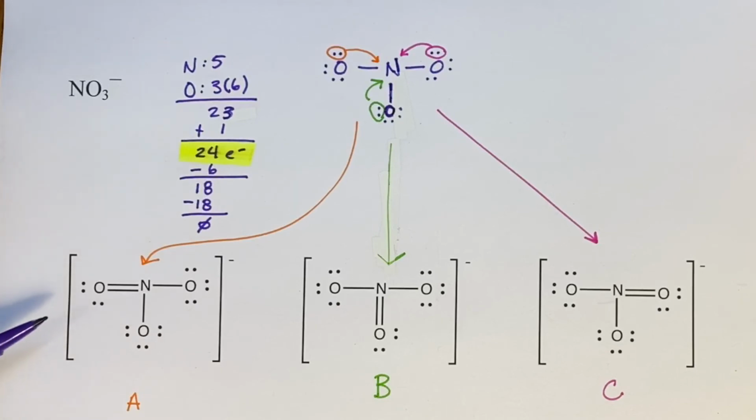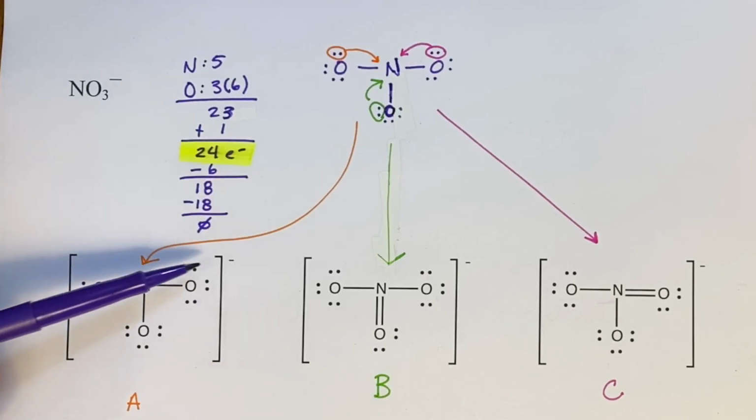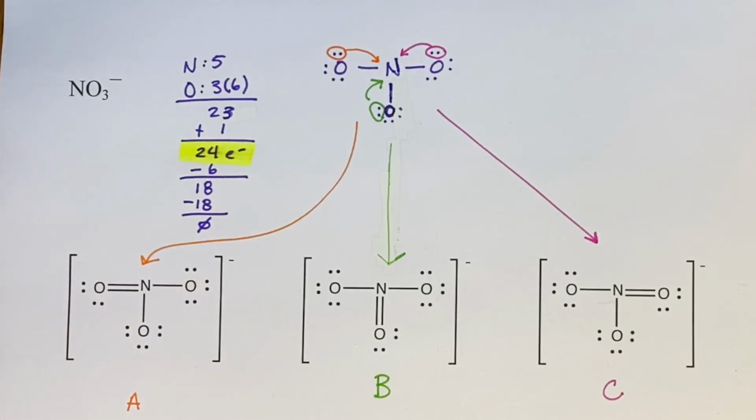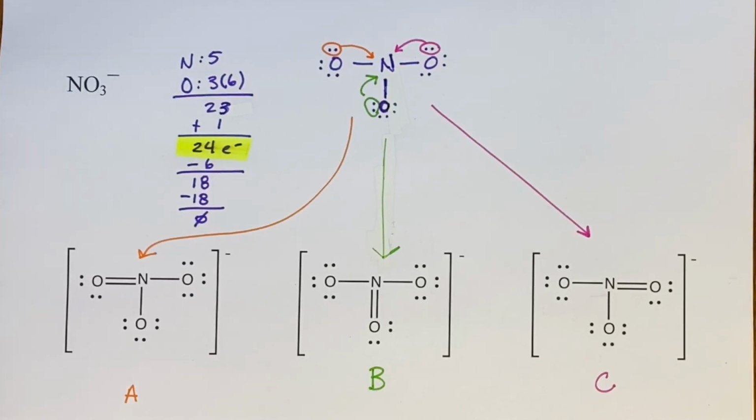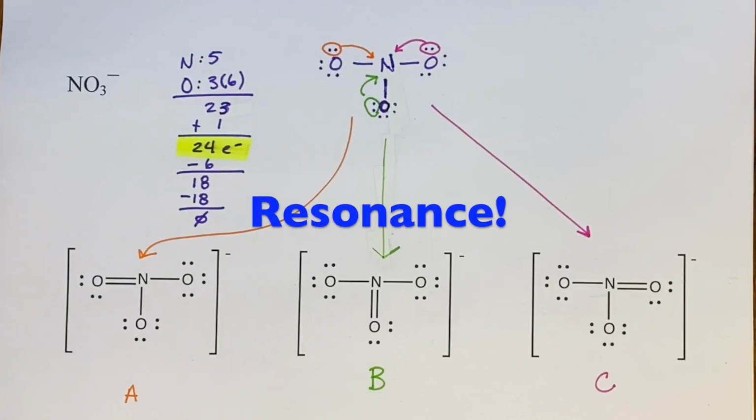Notice that each of these structures for the nitrate ion that follow my rules for Lewis structures, I have each of them in brackets with the charge outside, giving me my complete structure for each of these. The 3 ways that I can complete this Lewis structure give rise to a concept that's called resonance.